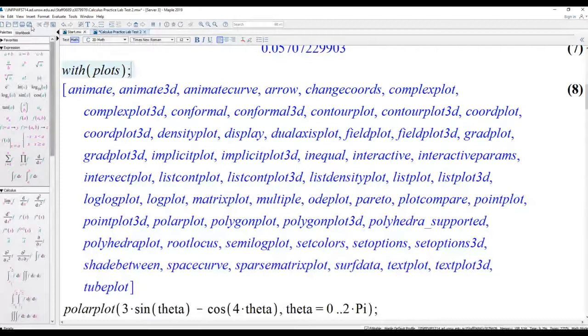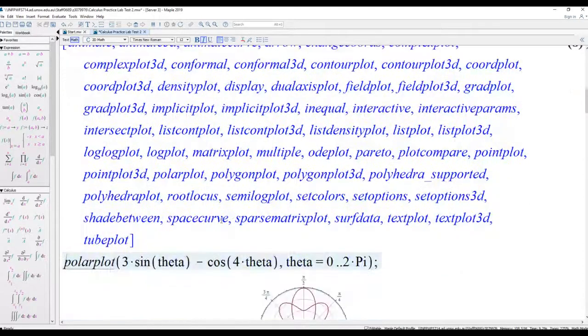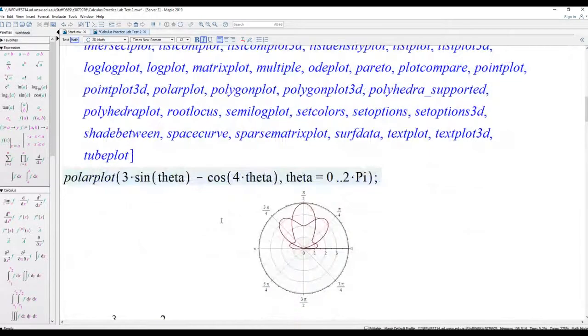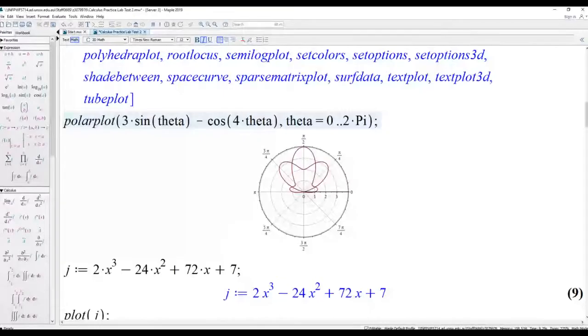So you can see here I've used the plots calling sequence. And the most important thing for our question is this polarplot. So you run the calling sequence and then you can see what I've done in the next line.